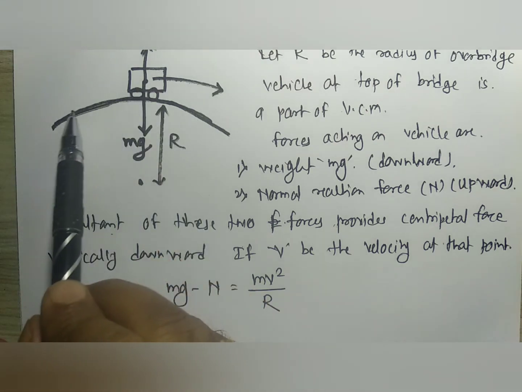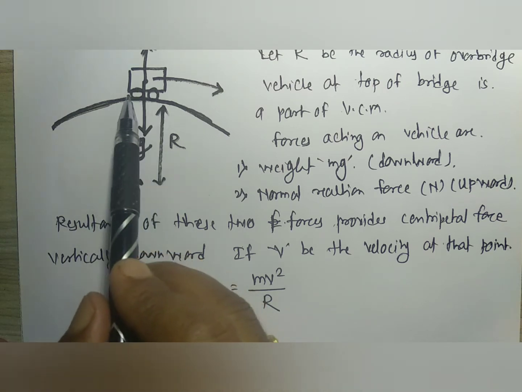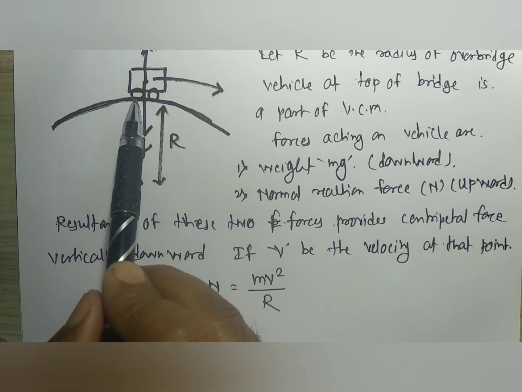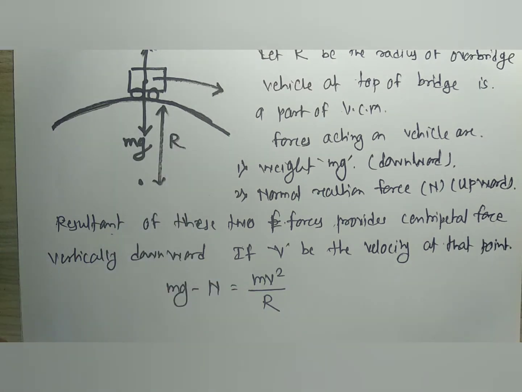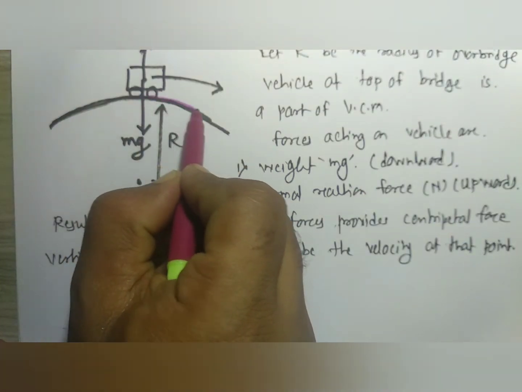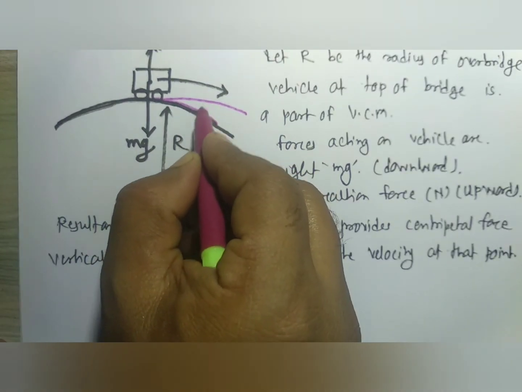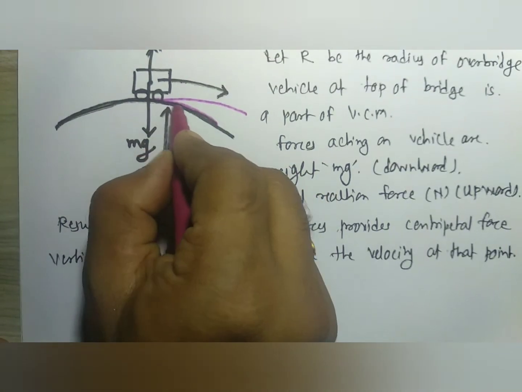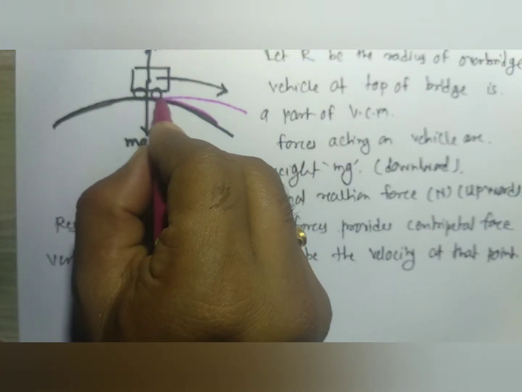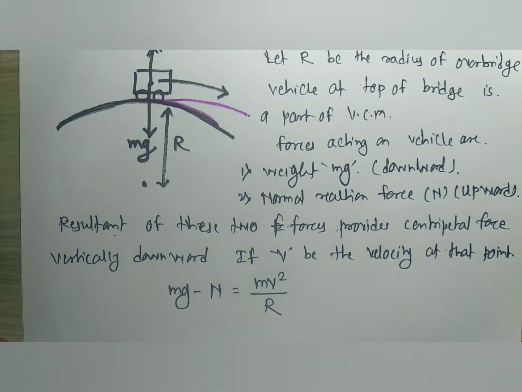When we have a larger velocity, at that time the contact of our tire and road is completely lost, and your vehicle is not moving in this direction. It is moving in this direction, that means it completely lost the friction or lost the contact with the horizontal overbridge, and you are moving in those directions.